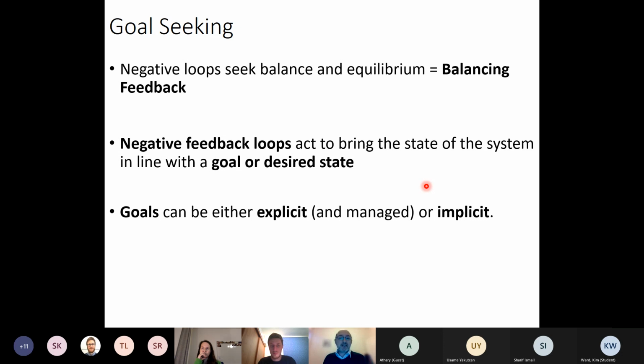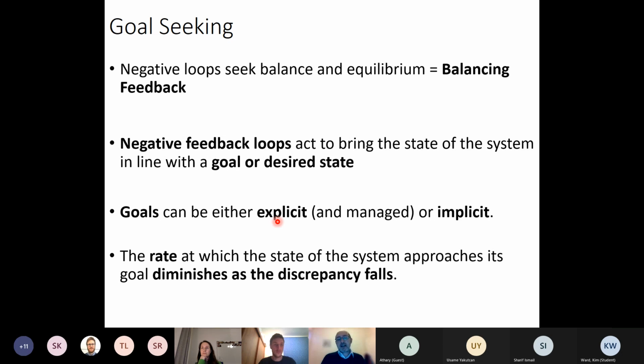There's no more death to happen. It's not a desired goal, but it's implicit in the system. So sometimes you can identify the goal, the manager or stakeholder can tell you about it, and sometimes you don't have that. The goal may be a bottleneck in some other resource, in some other stock. That's part of the discovery process through the modeling.